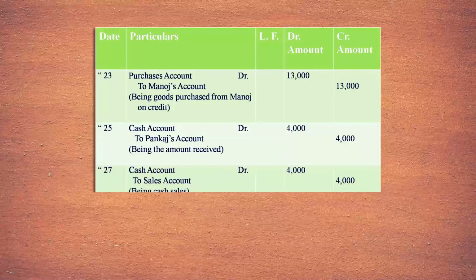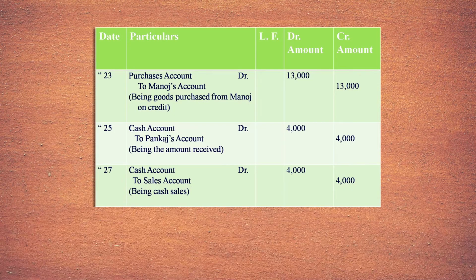On account of this transaction cash is coming in, therefore the cash account will be debited, and the sales account will be credited because sales is a revenue for the business, and revenue comes under nominal account. As per the rule of the nominal account, credit all revenues and gains, therefore we will credit the sales account. So the final transaction would be cash account debit to sales 4,000 rupees. You can see here, this is the transaction.